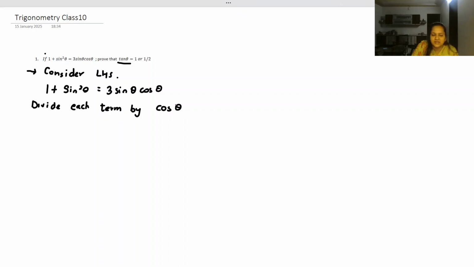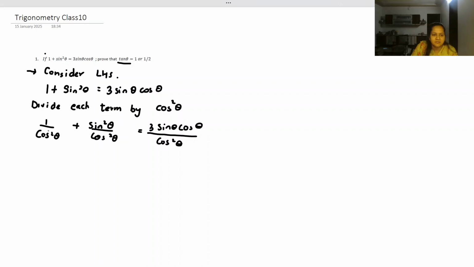We need cos to change sine to tan, but because we have sine square, we shall be dividing by cos square. So this becomes 1 by cos square theta plus sine square theta upon cos square theta, which is 3 sine theta cos theta upon cos square theta.